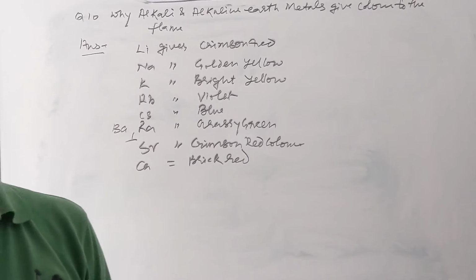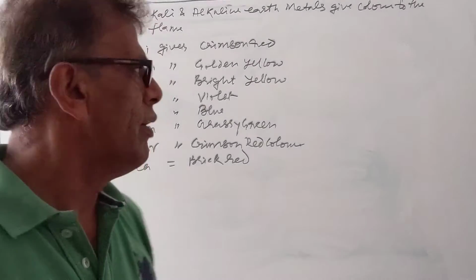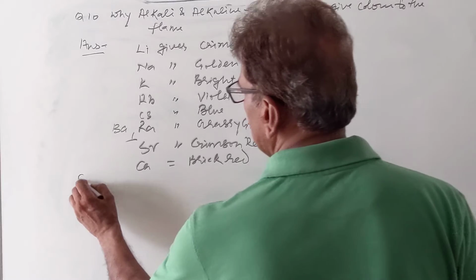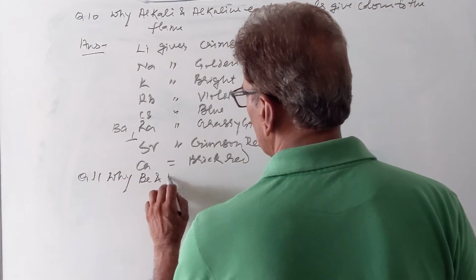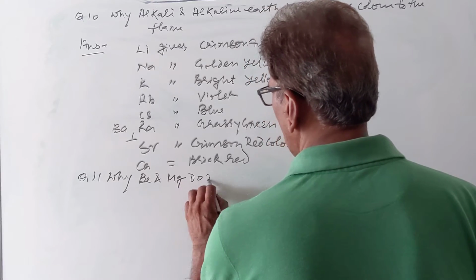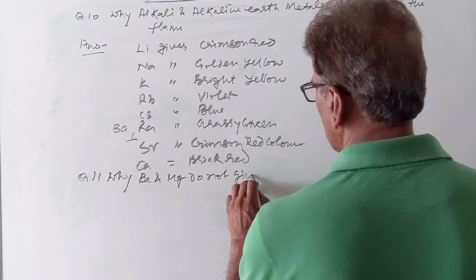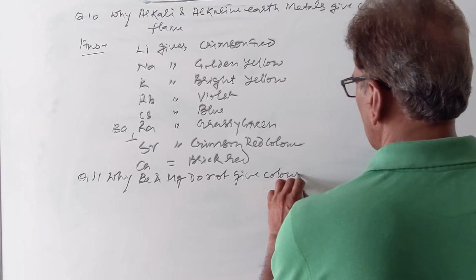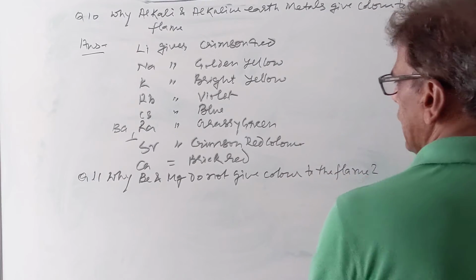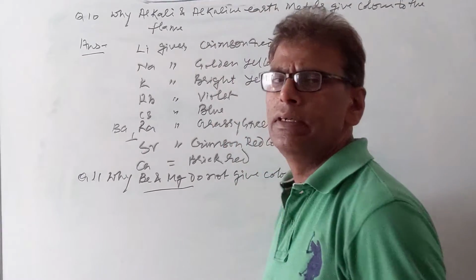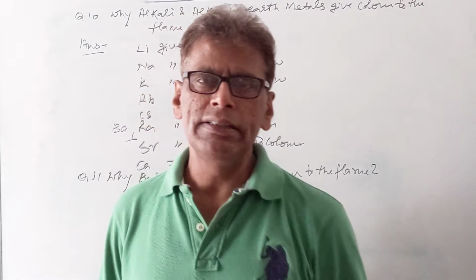Then we have a few metals which do not give color to the flame. Why? Beryllium and magnesium do not give color to the flame. It is due to their small sizes and high ionization energies.